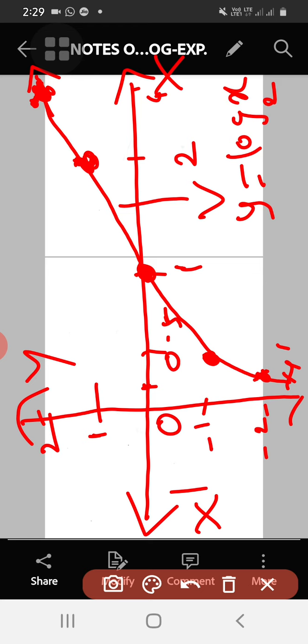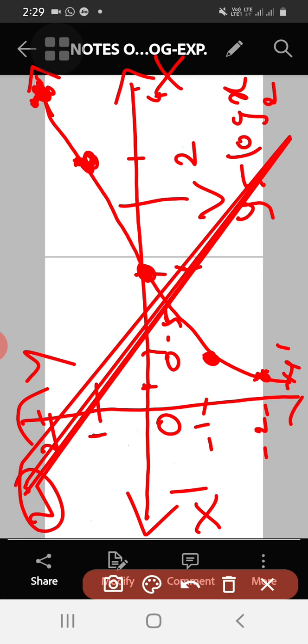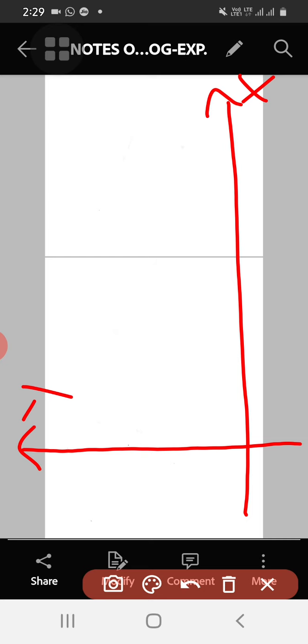Okay, so in our previous class we have drawn the graph of the exponential function, y is equal to 2 to the power of x.